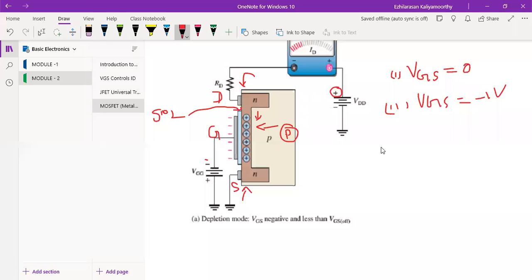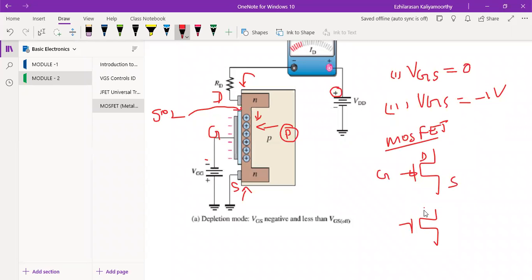Normally we talk about drain to source, as I said earlier. But in the MOSFET, for PMOS and NMOS, for example, this is the drain, this is the gate, this is the source for PMOS, and this will be your NMOS.